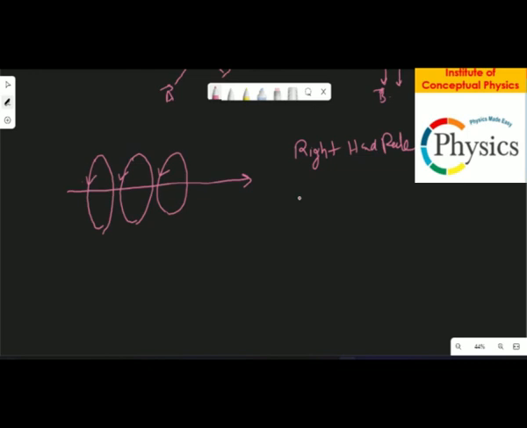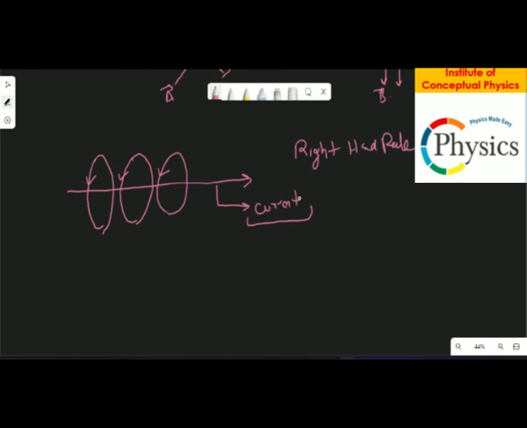So I have used the right hand rule where the thumb points to the direction of the current. And I will tell you how to use this, right? You need to understand how to use the right hand thumb rule to find out the direction of the induced current. And this is the induced current, and as you can see, the curly fingers of the right hand show the direction of the magnetic field.